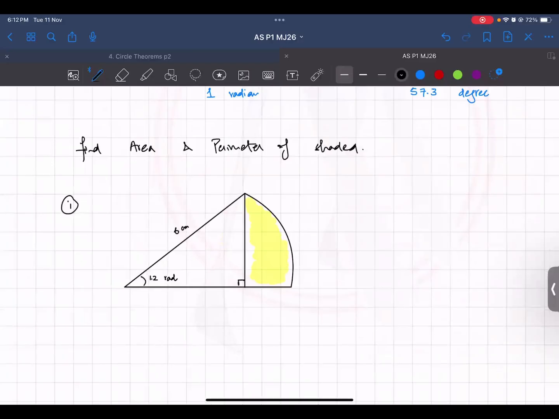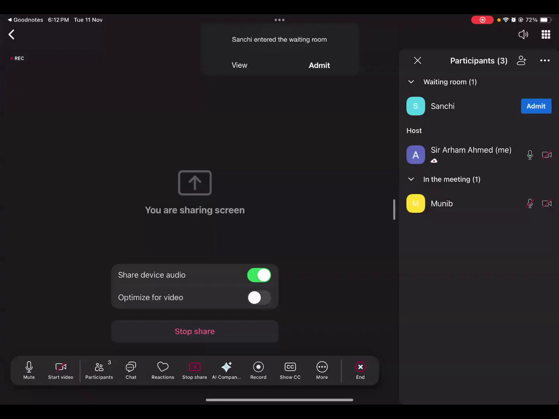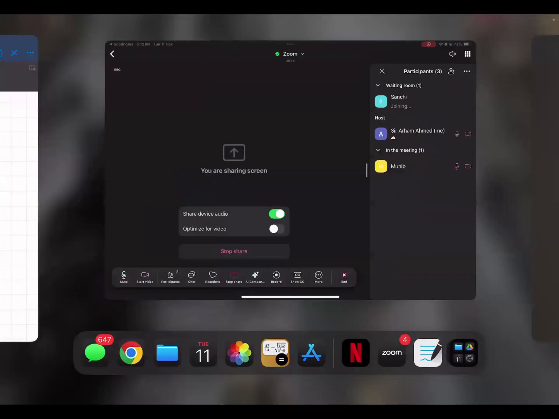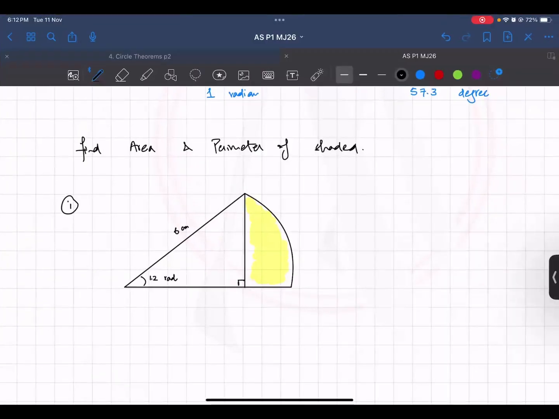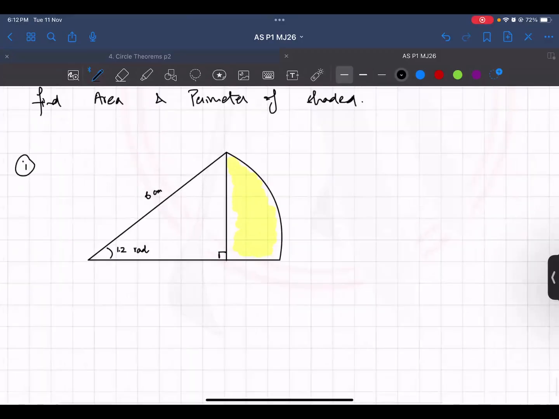Okay. So look, they have given you this shape. The shaded region is in front of you, and we will use simple geometry rules and everything to find the area and the perimeter of the shaded region.